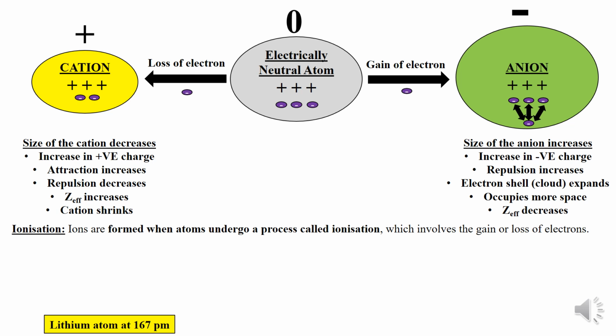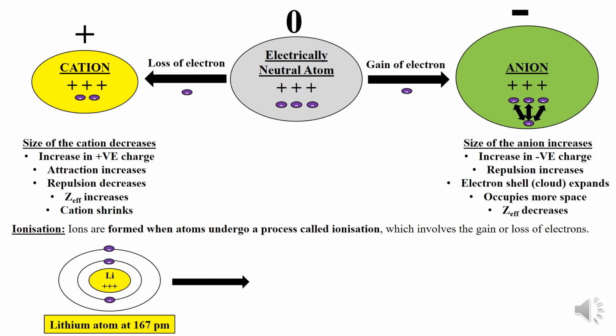Let me give a specific example of a lithium atom with a size of 167 picometers. Now, the lithium atom has 3 protons in the nucleus and 3 electrons in the respective shells or energy levels.